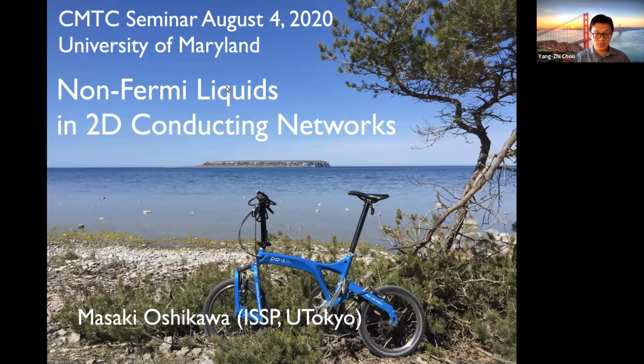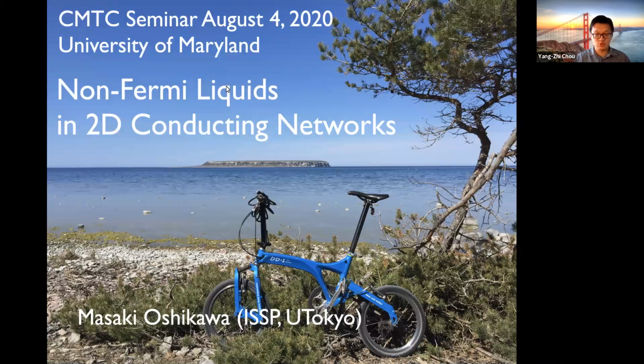It's my great pleasure to introduce Professor Masaki Oshikawa from ISSP of University of Tokyo as a seminar speaker today. Masaki did his PhD at the University of Tokyo with Kohmoto, the K in the TKNN number. He was also a research associate with Nagaosa.